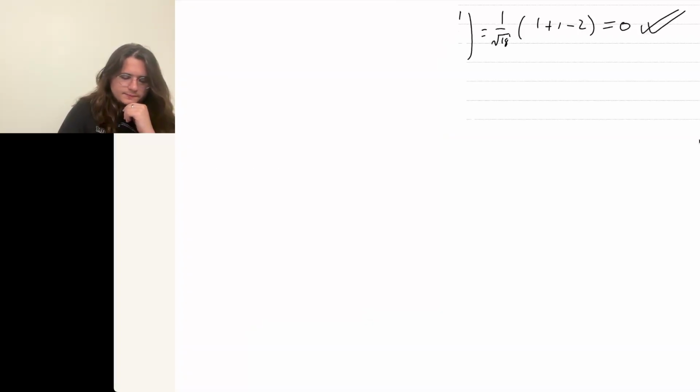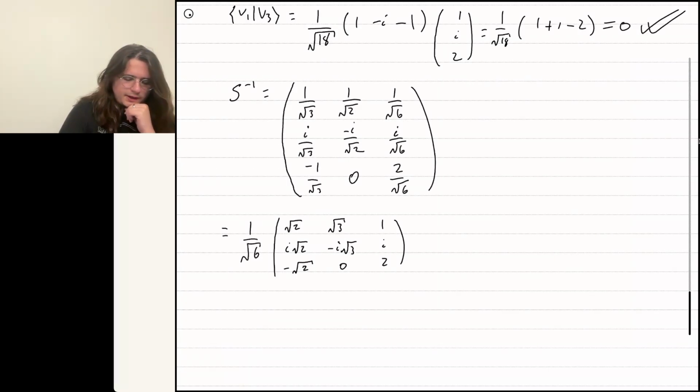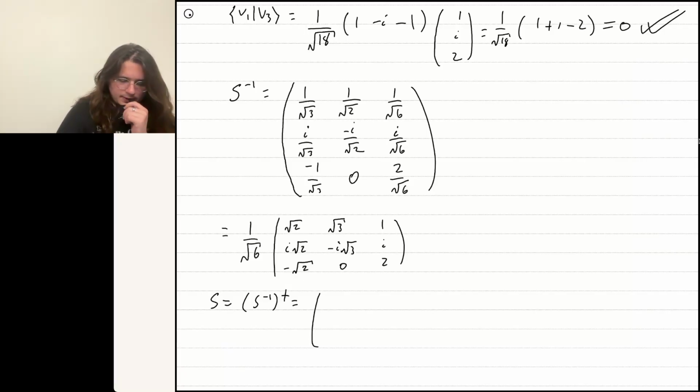Cool. The inverse of that is going to be the Hermitian adjoint of that, so it's going to be just root 2, root 3, 1, minus i root 2, i root 3, 0. That's not right. It's going to be minus i here.